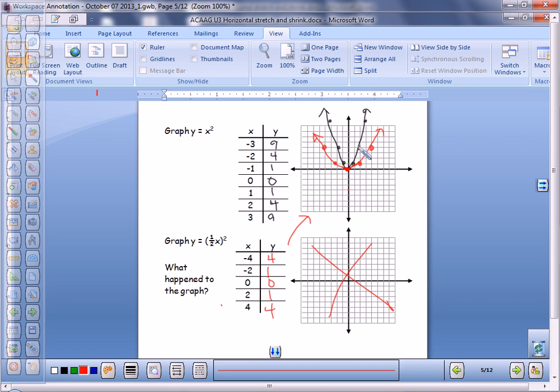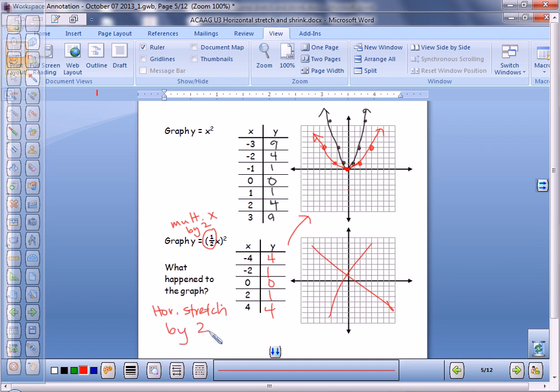And if I double this one? So, do you see that what is the reciprocal of 1/2? 2. And in each case, we multiplied the x's by 2. This is a horizontal stretch by a factor of 2.